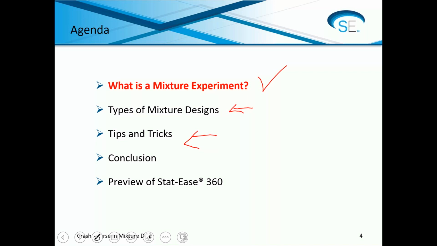For those of you who may be intermediate experimenters and have already done some mixture DOE, I have some tips and tricks that I've collected over the past 10 plus years of doing mixture DOE and helping people with it. Hopefully you'll get something out of this. Then I'll wrap up and give you some pointers if you want to continue studying this on your own, and some other resources you can use to further your knowledge in this field.